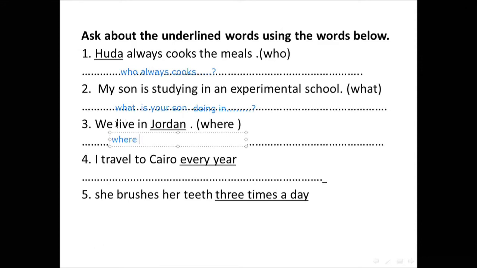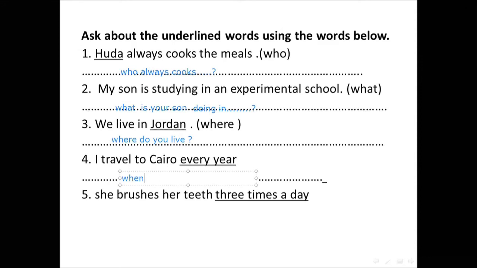Now here you want to use where. The verb here is in the present simple. So what is the helping verb? Do, you. Of course it is hard to put we, because we live, we ask where do you live, so the answer is we live in Amman. Where do you live? Now here you want to ask about every year, and if you want to ask about every year we use when.